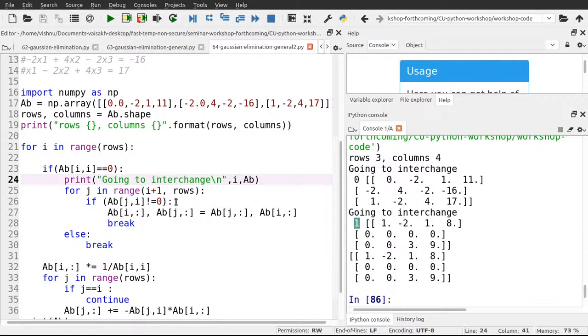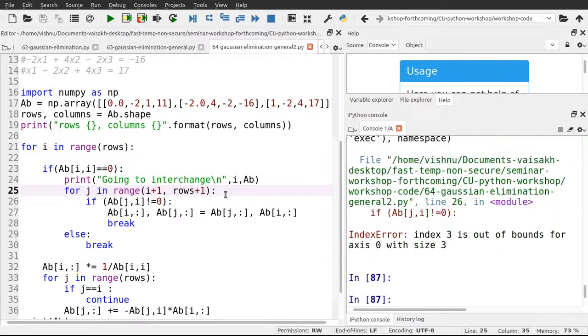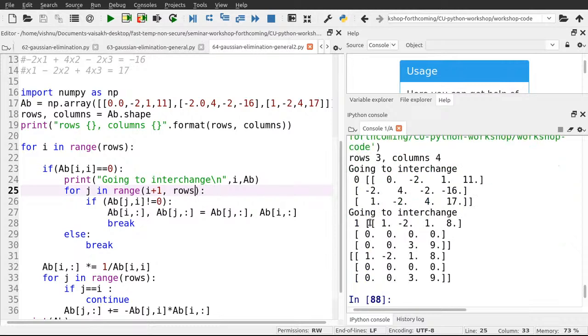So J in range I plus 1. I is 1, I is 1 means this is 2. Oh, maybe we should take plus 1. I think that's... No, no, no, that's also not working. So what should be interchanged? 1 is here, 1 minus 2, 1, 8 is here, 0, 0. So we wanted this 0, 0.